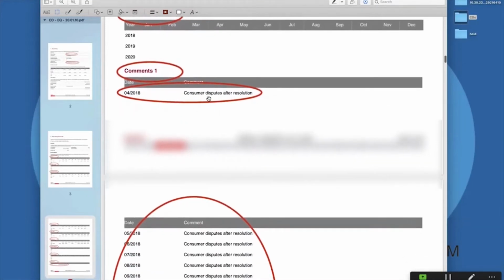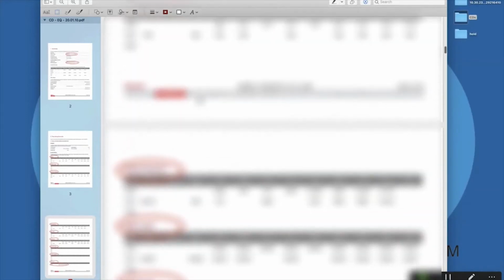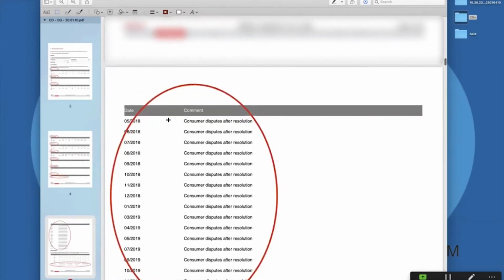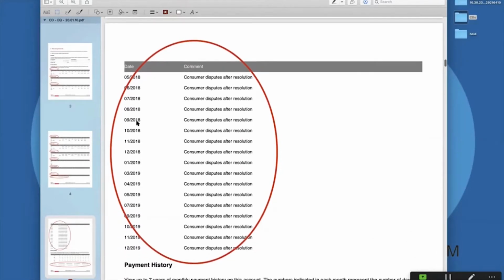Notice I'm relentless. I'm relentless about disputing, especially my borrower information, right? I'm totally interested in creating everything that I need to know about how to do a borrower information. So take a look here. It says that 5, 6, 7, 8, 9, 10, every month of 2018, every month of 2019, we're talking about these consumer disputes.